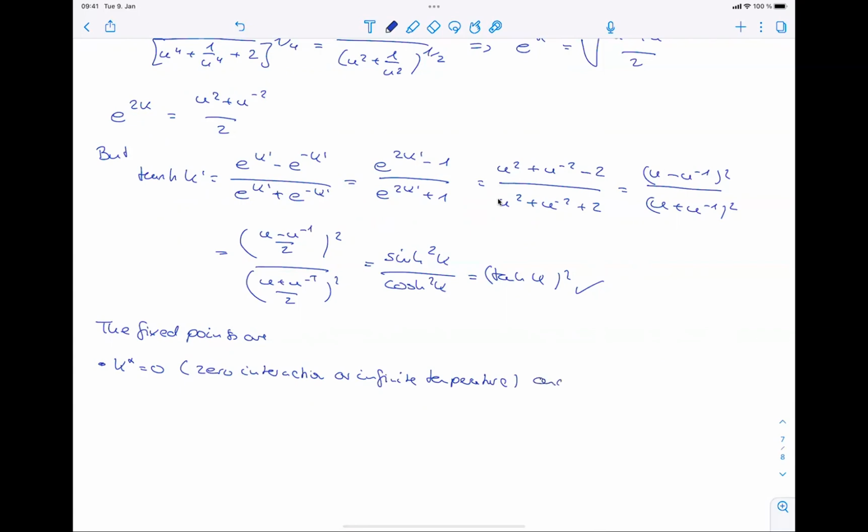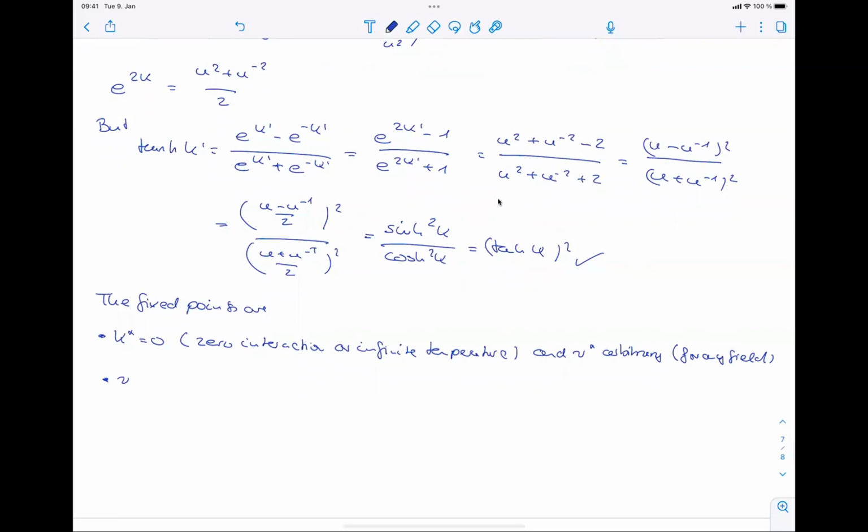where v prime is arbitrary, so for any field, or I can have v to be equal to 1. Remember, it's e to the minus h, so that's actually the 0 field, which is why we did the exercise before.